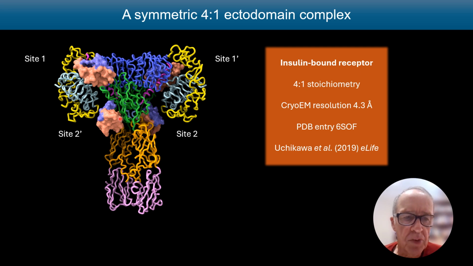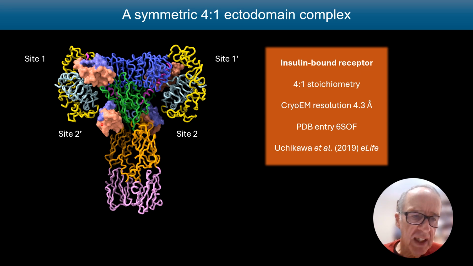So even though this was obtained under non-physiological saturating conditions, it seems to contain within it elements that mimic in some fashion physiological insulin binding. And what has since been concluded is that it is this interaction here that is relatively weak that actually initiates the binding of this insulin, which is the high affinity interaction.